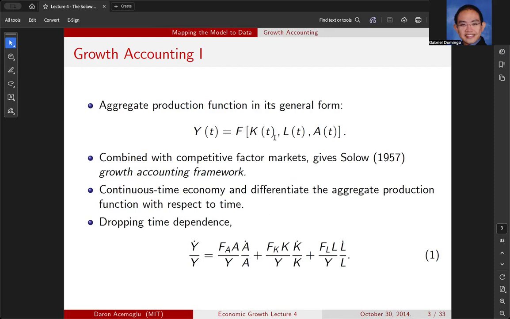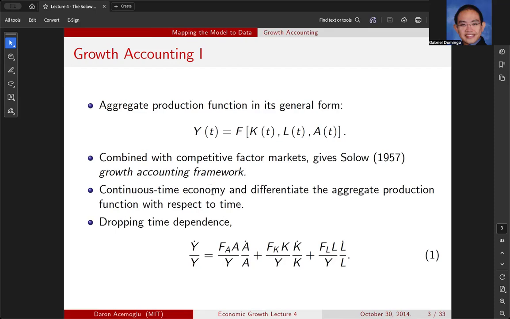It's coming from K, L, and A. Generally speaking, those are the two different factors, and finally, some sort of efficiency or technological change. So those are the three sources of change in Y. Combined with competitive factor markets, which is an assumption, we can turn the production function into a growth accounting framework.